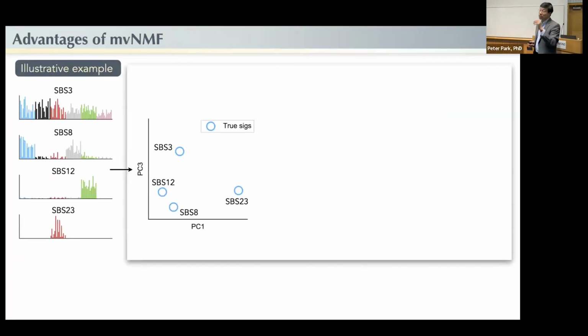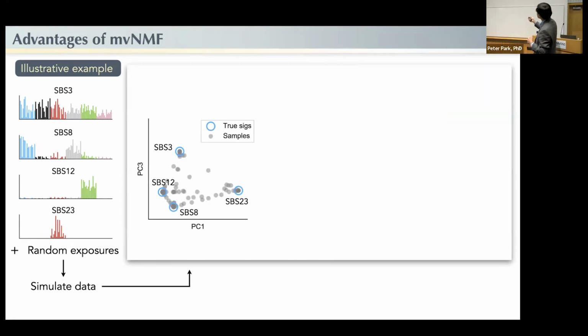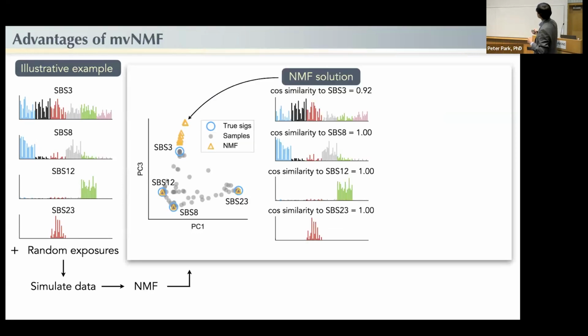Okay, so let me just illustrate the problem. We do an experiment where suppose there are 4 signatures, 3, 8, 12, 23, and we just simulate some random combination of those. If I simulate those, I find these little dots in some PCA space. And now what we try to do is solve using NMF.